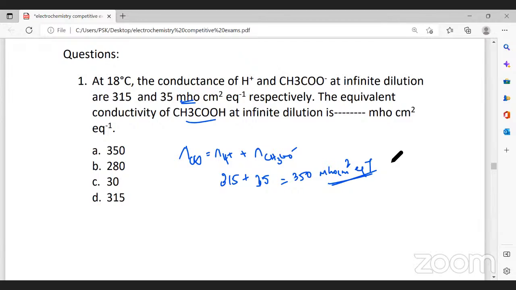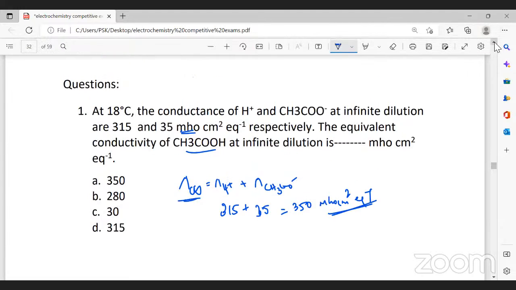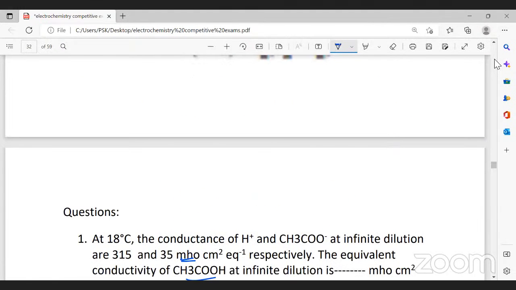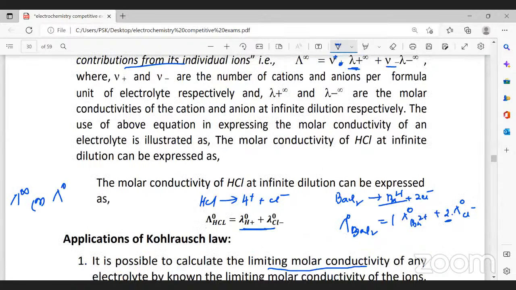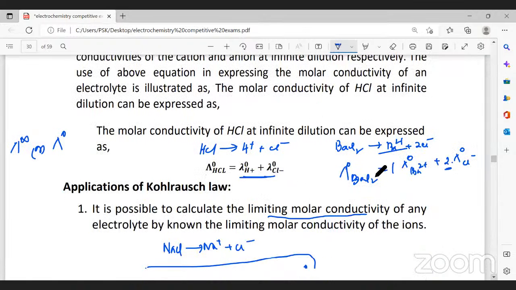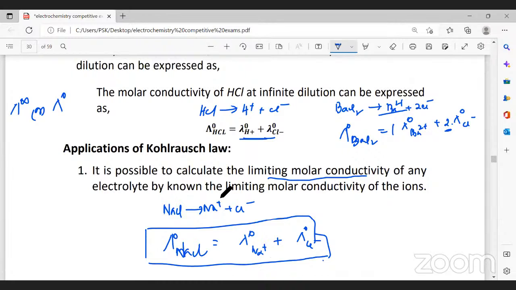All right, this is simple, because we know that acetic acid will dissociate to form acetate ion and H plus ion. Kohlrausch's law clearly states that it is possible to calculate the limiting molar conductivity of any electrolyte by knowing the limiting molar conductivity of the ions.